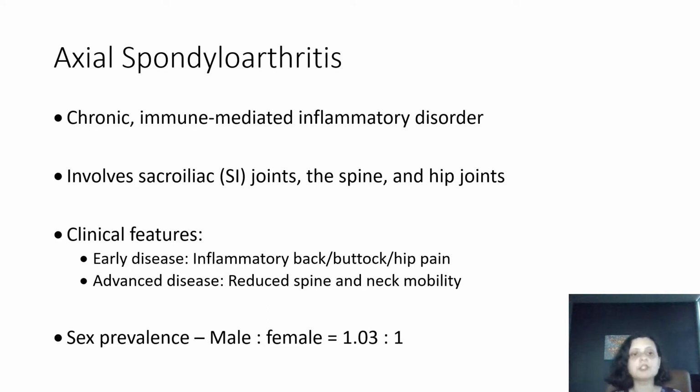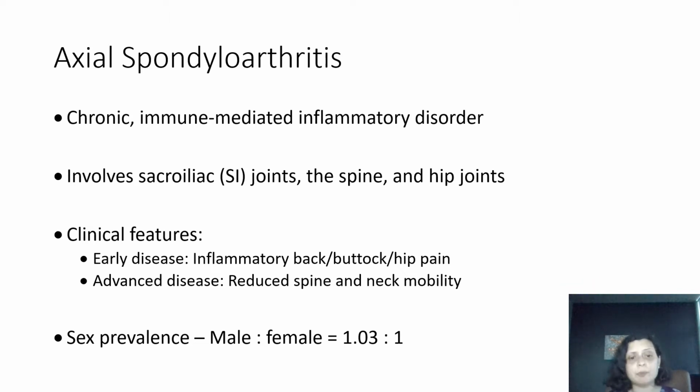Clinical features. So early on in the disease, you would get this typical inflammatory back, buttock or hip pain that we are going to talk about in just a minute. In more advanced disease, there is reduced spine mobility and neck mobility, and people get hunched over because of this condition. So it's a pretty debilitating condition.